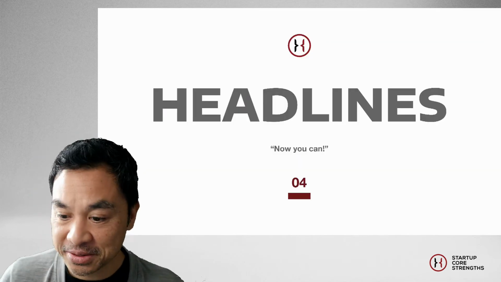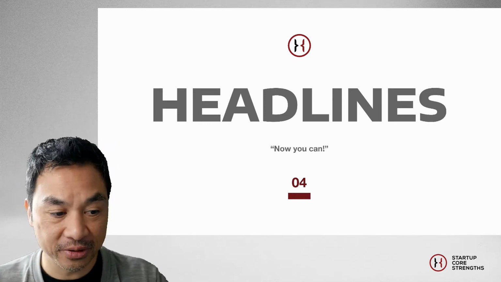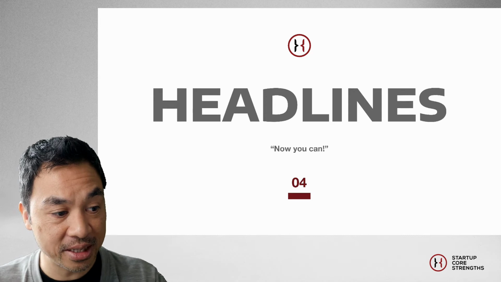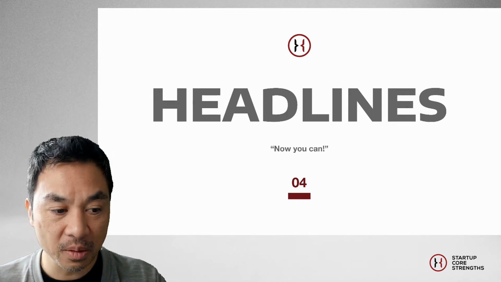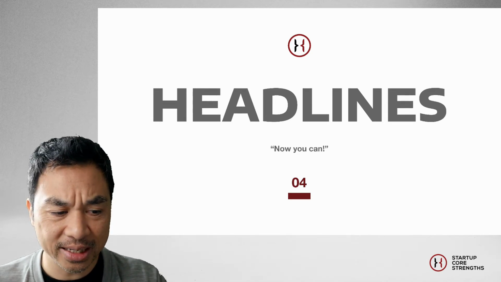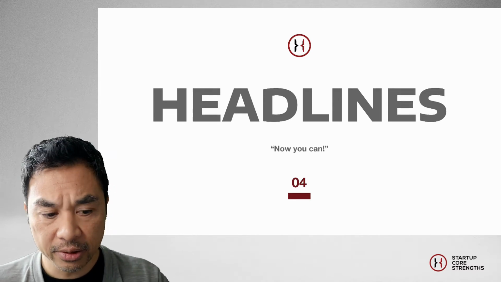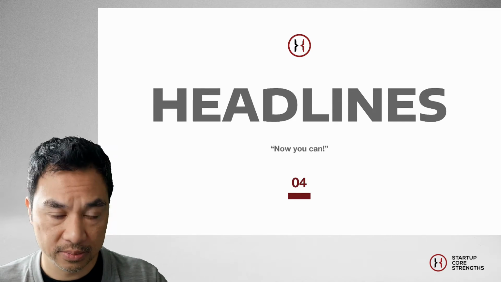Okay, so headlines are super important. This is the first thing that people are going to see. And this is the first thing that we need to reinforce in that scent trail. But before we get into headlines, there is a famous quote by a Harvard business professor from the 1960s, Professor Theodore Levitt. And Theodore Levitt said, people don't want to buy quarter-inch drills.